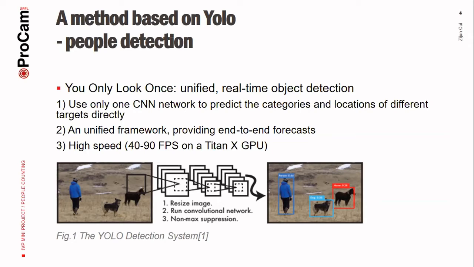The process of processing an image with YOLO is simple and straightforward. This system first resizes the input image to 448 by 448, then runs a single convolutional network on the image, and finally thresholds the resulting detections by the model's confidence.